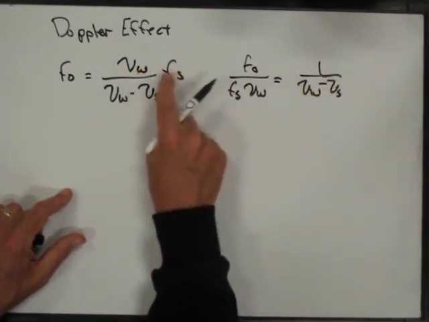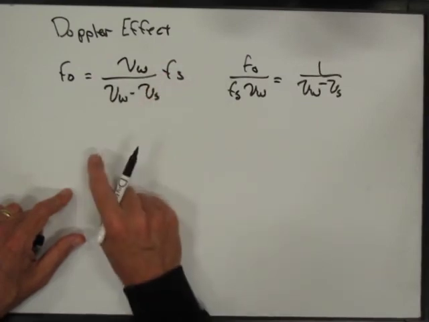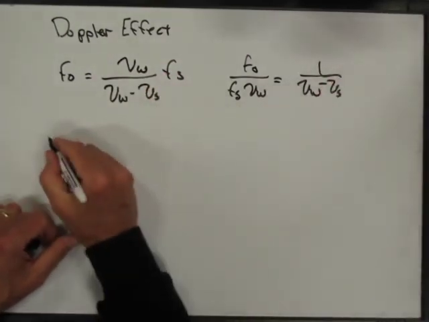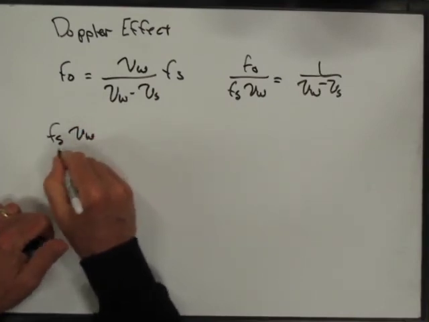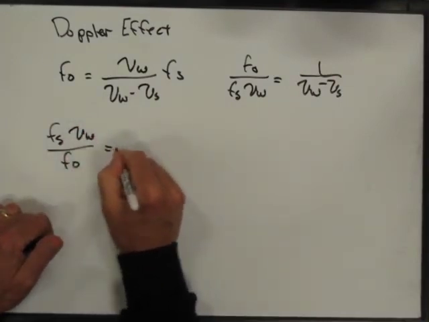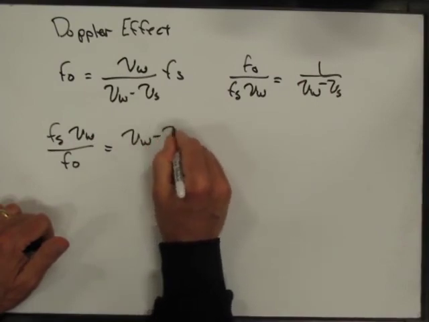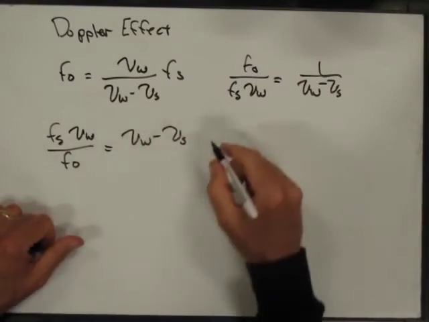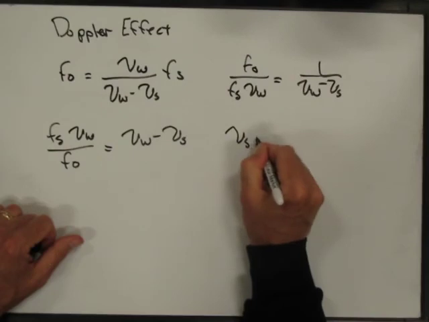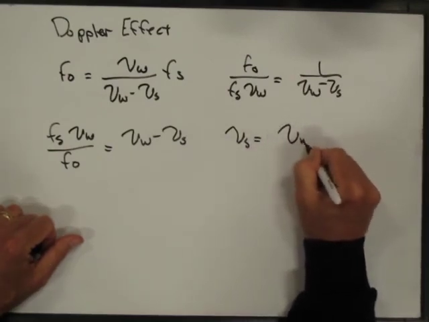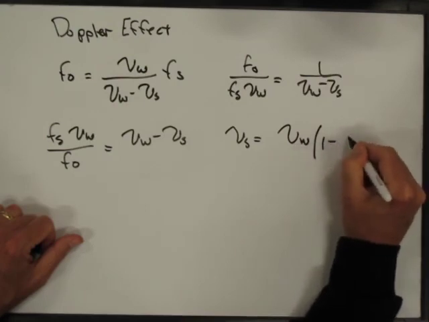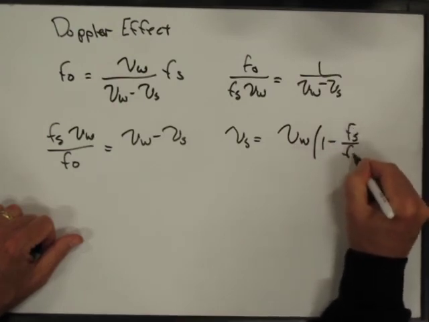Right? I've just divided both sides by velocity of the wave times the velocity of the source, and then I can invert both sides, and I get the frequency of the source times the velocity of the wave over the frequency observed is equal to the velocity of the wave minus the velocity of the source, or I can say that the velocity of the source is equal to the velocity of the wave times 1 minus the frequency of the source over the frequency observed.